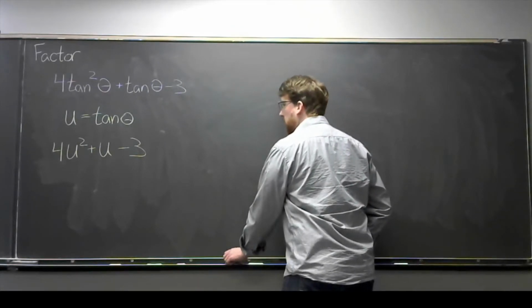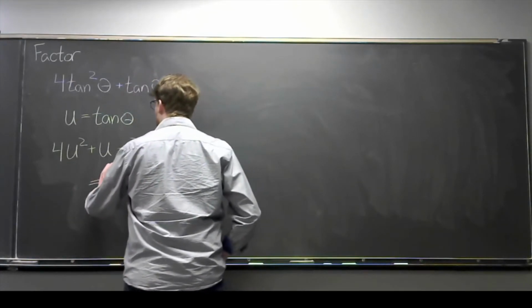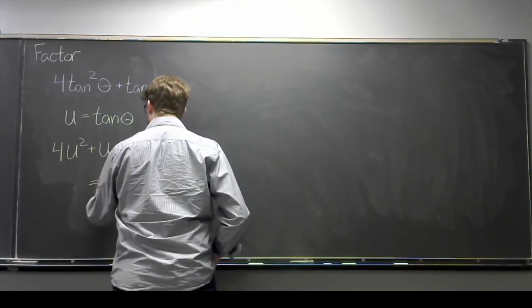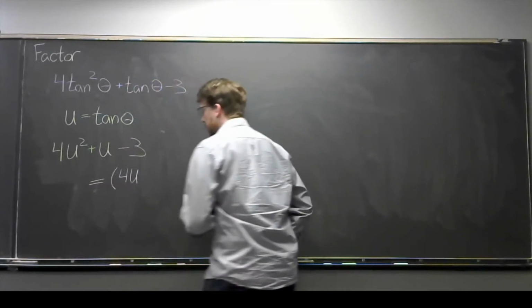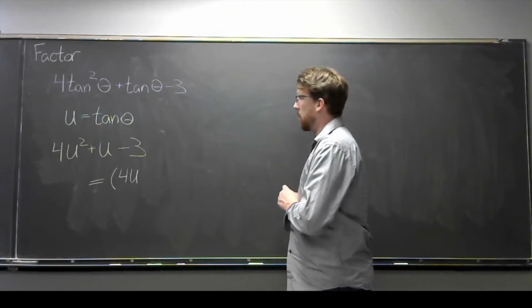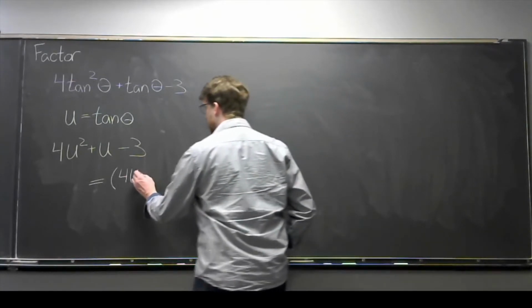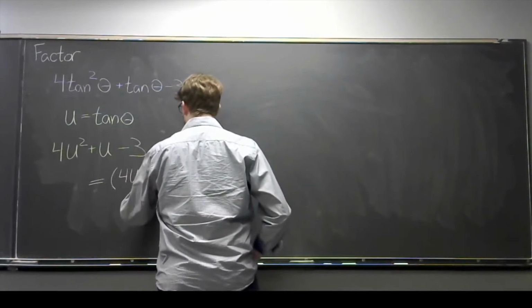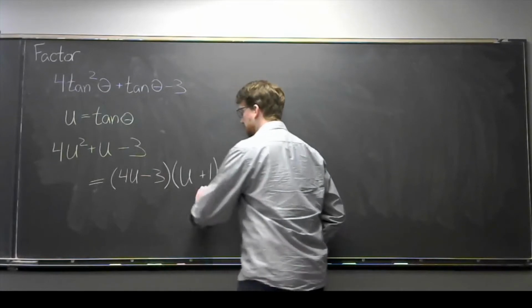When we do factor it, we're going to find that this breaks up to be 4u minus 3 times u plus 1.